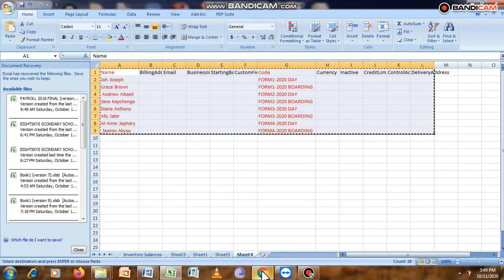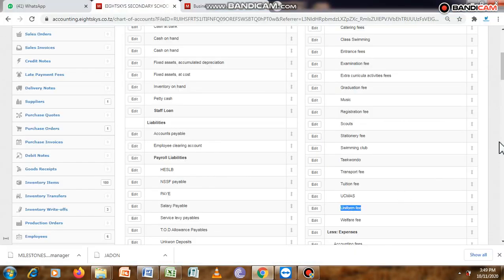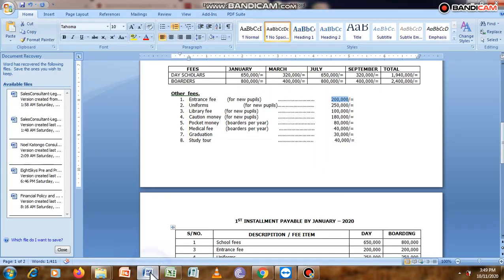Okay. What else? According to our question, we need library fees, caution money, and so forth. I'm not seeing library fees, so I'm going to edit this account here and put this one as library fees. I'm going to create it. Once you create library fees, then we have caution money and pocket money.